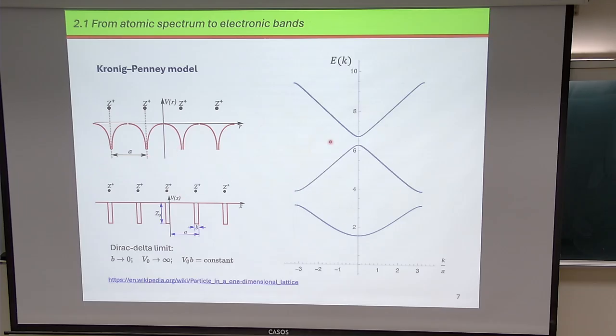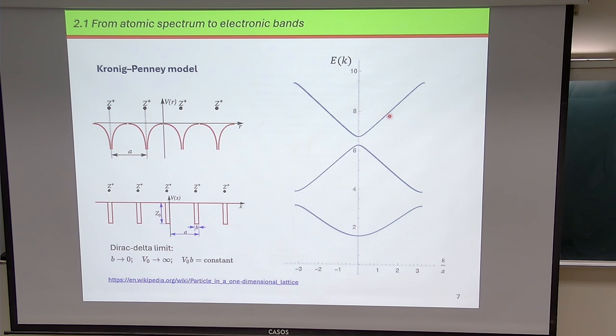So this is the dispersion relation. You see the solution here. You see one band here, then you have this gap, then you have the other band, then a gap, another band. So you start to get bands instead of discrete energy levels.